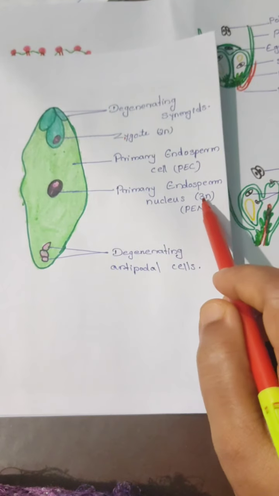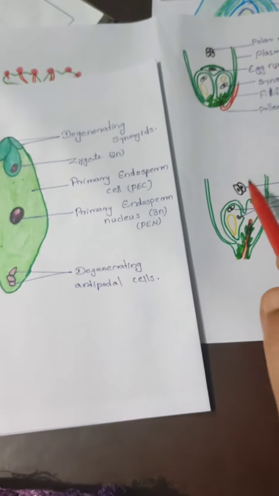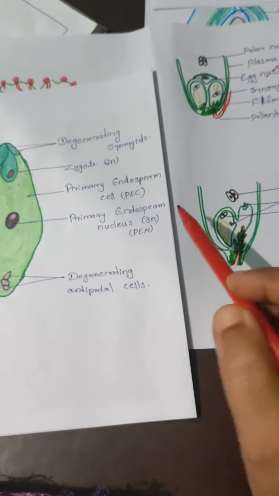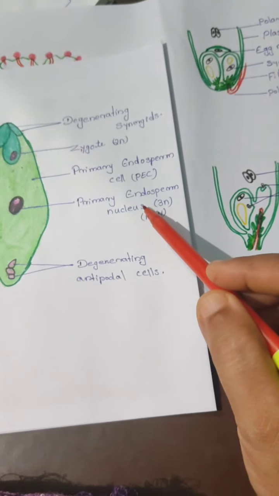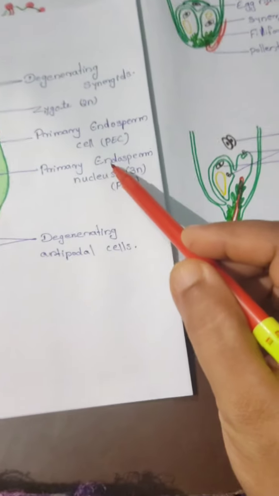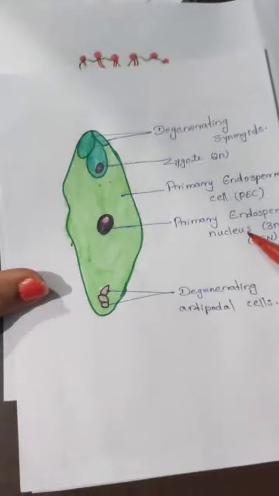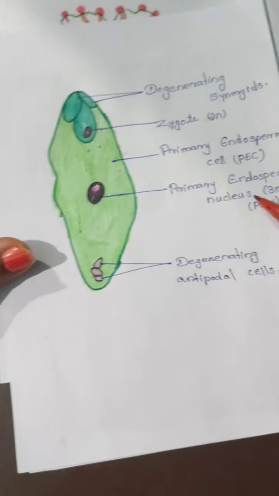Three haploid nuclei are present here: two from the two polar nuclei and one from the male gamete. This condition is called triple fusion.